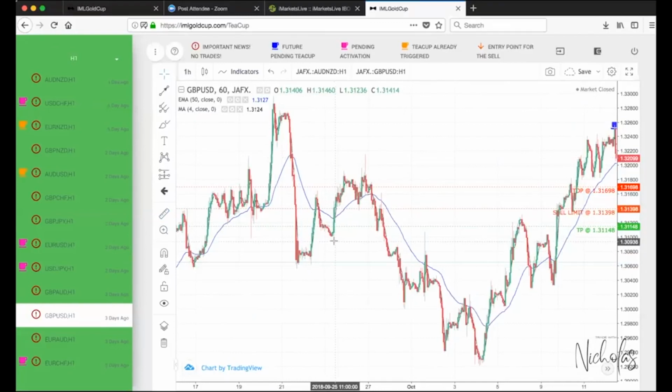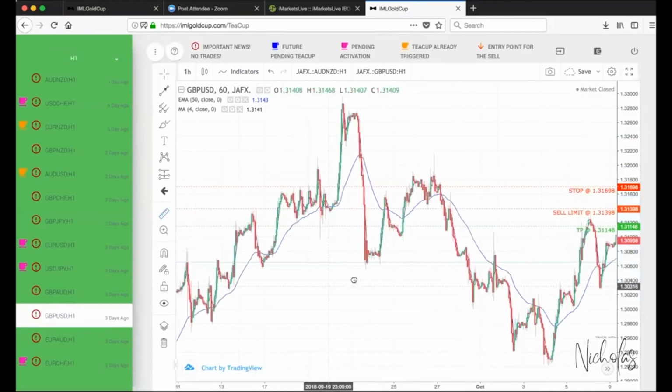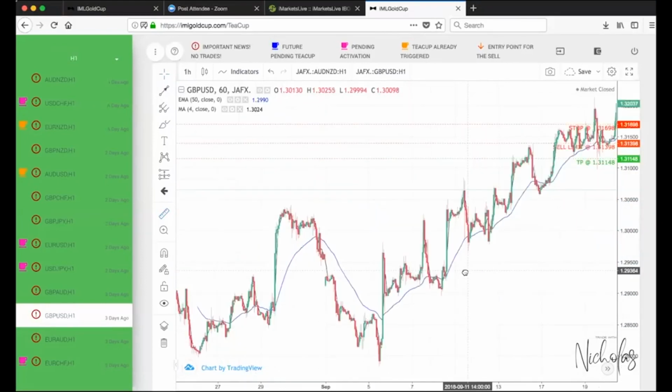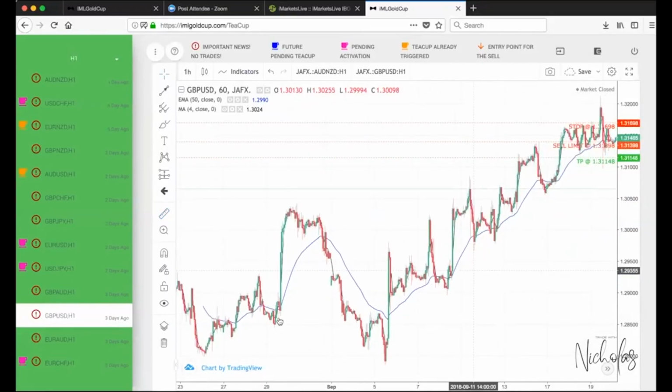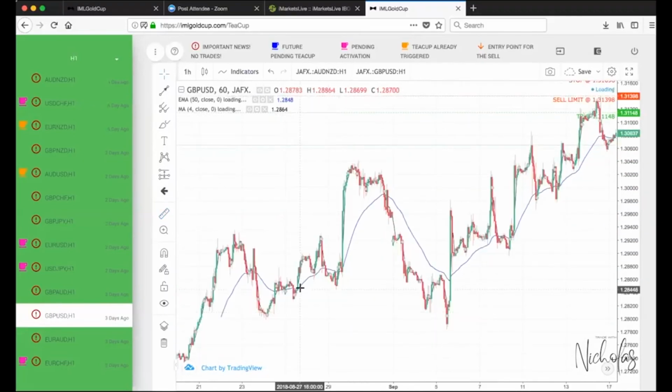From this point, if I were to go up from this cross, I traveled 64 pips. Okay, it crossed again, came down. I traveled 157. Let's go to the left. Okay, it crossed here.